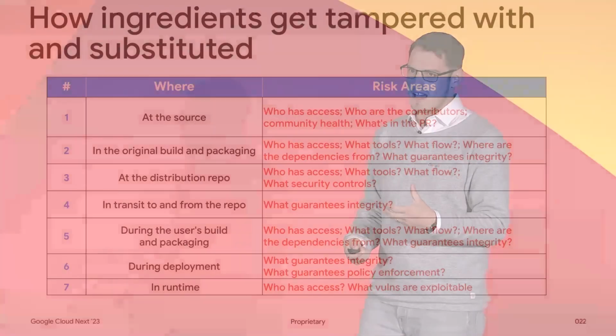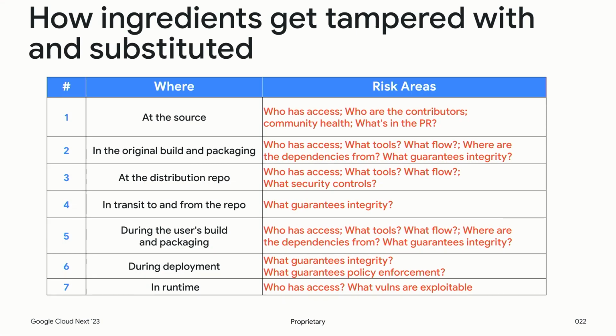But in terms of how ingredients get tampered with, right, in terms of how things can change unintentionally, looking at this list, 1 and 7 should look pretty familiar, right? This is where we already have our visibility focused, at source and at runtime. At source, we have developers reviewing PRs, really actively looking at the code that's being introduced.